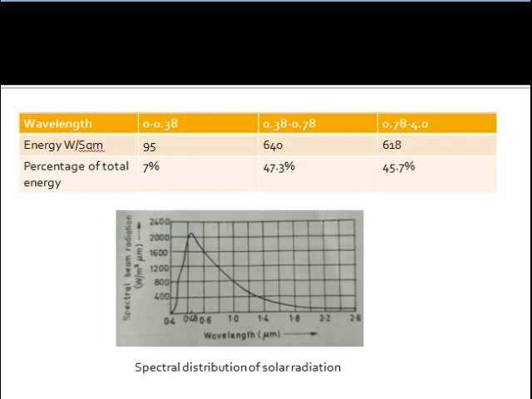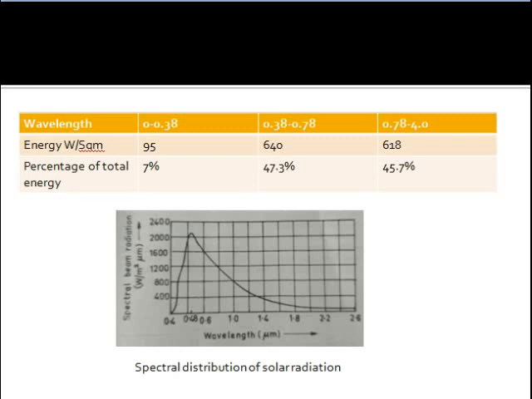Below that we have a graph that shows the spectral distribution of solar radiation. In that graph, what we can observe is that the x-axis is wavelength, and the y-axis shows how much energy is received from the sun. So the unit is watt per meter square per micrometer.